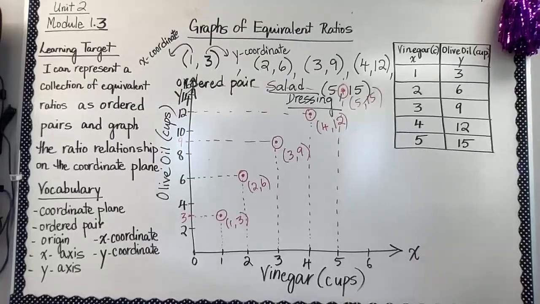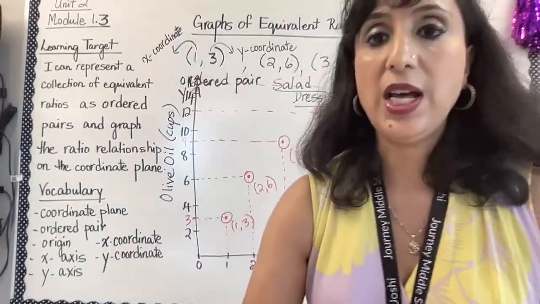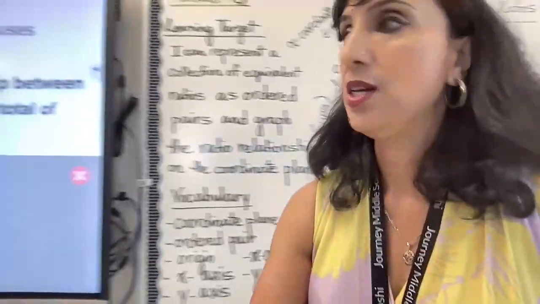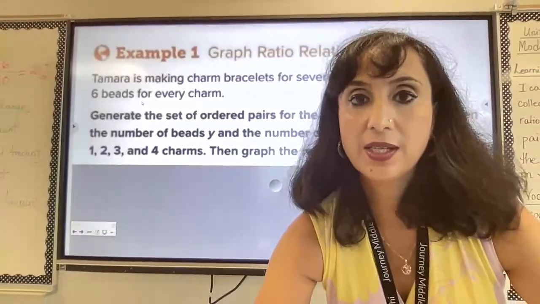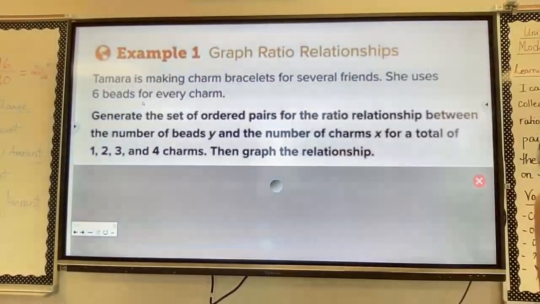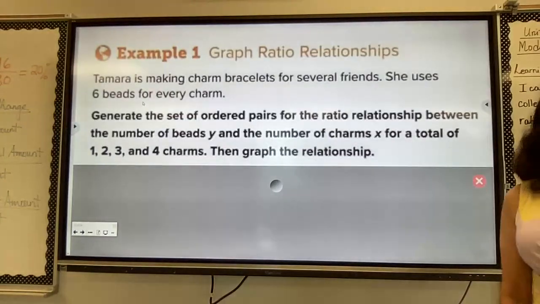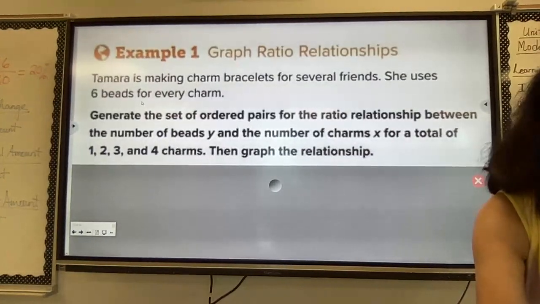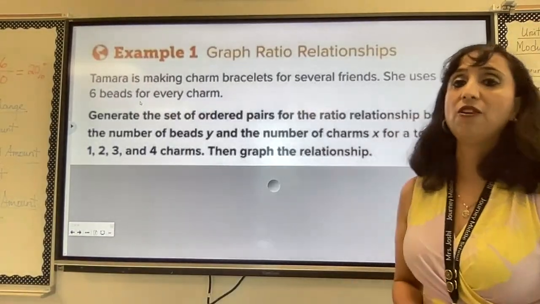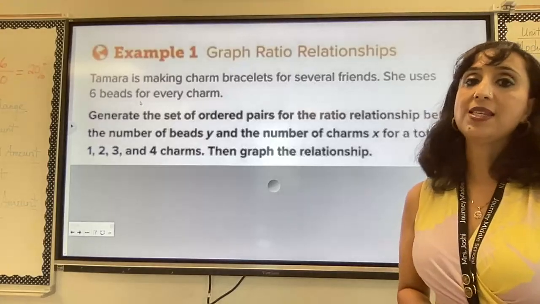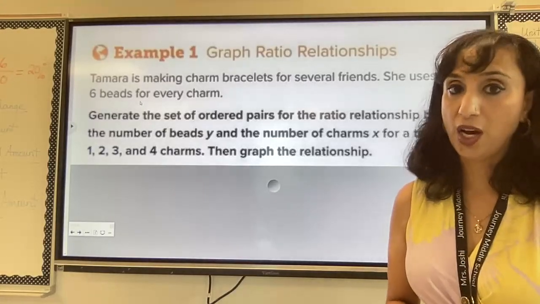So let me take you to another question on the board. Here, graph ratio relationships. Tamara is making charm bracelets for several friends. She uses 6 beads for every charm.